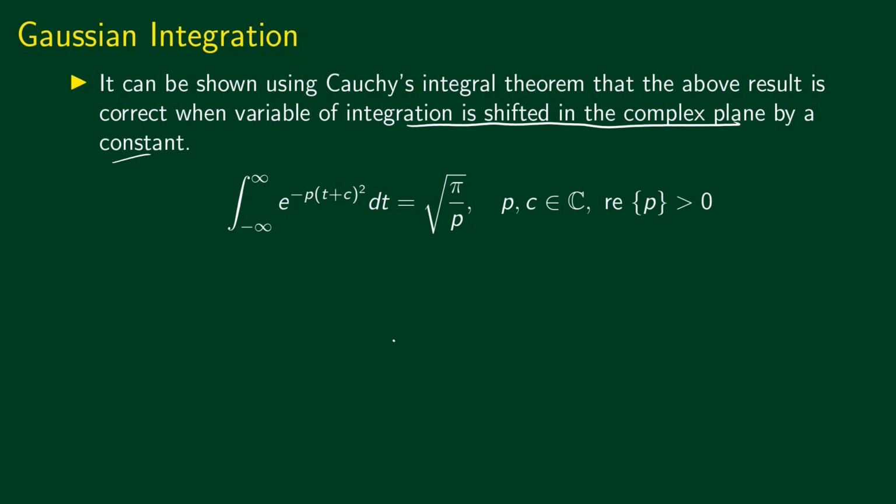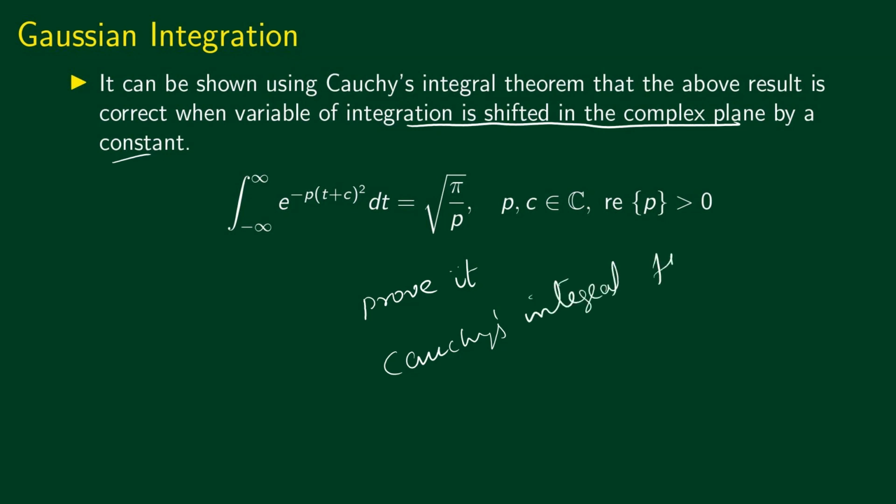So even if I have something like this, we can still use the result square root of pi by p. I leave it as an exercise for you to prove it if you have not yet done it. The easiest way to do this is to use Cauchy's integral theorem.